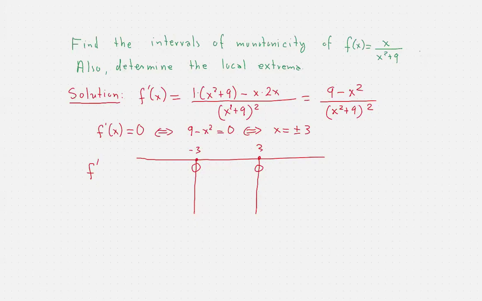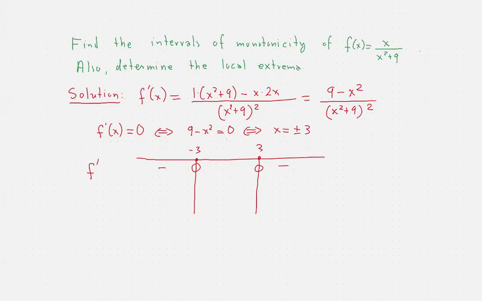So for example, if we plug in 4, we'll get 9 minus 16 on the numerator, which will give us a negative number here. The denominator is always positive. It's a perfect square. We don't have to worry about it. We get the same thing if we plug in negative 4. So we would get a negative number. And simply speaking, for the interval in the middle, if we plug in 0, we get a positive number.